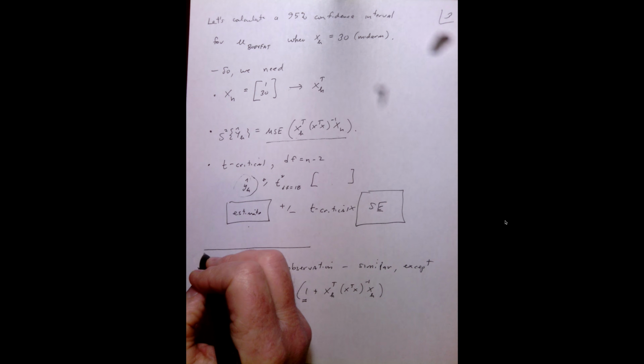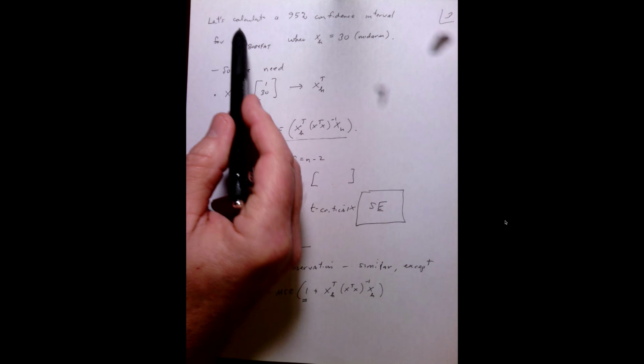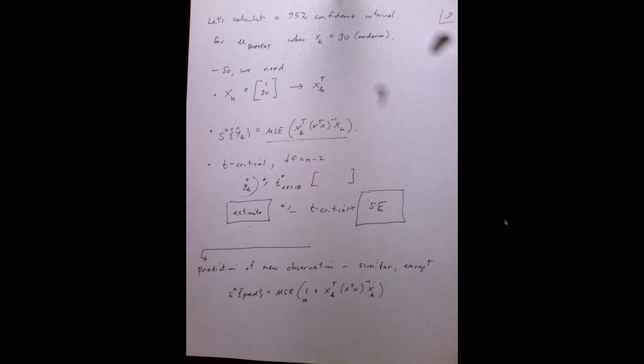Now, I'm not going to go into much illustration at all because they are so closely related. But if I'm calculating the prediction of a new observation, all of this stuff is exactly the same. The only difference is the standard error changes a little bit.